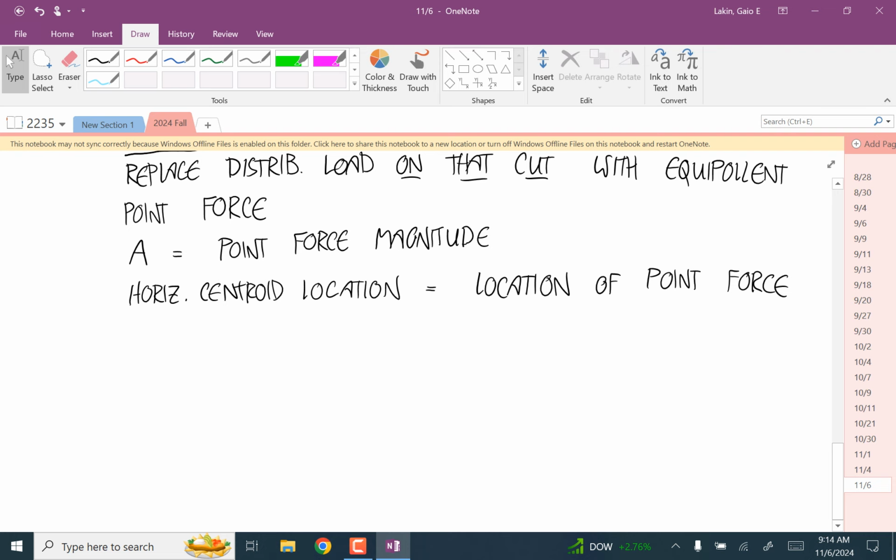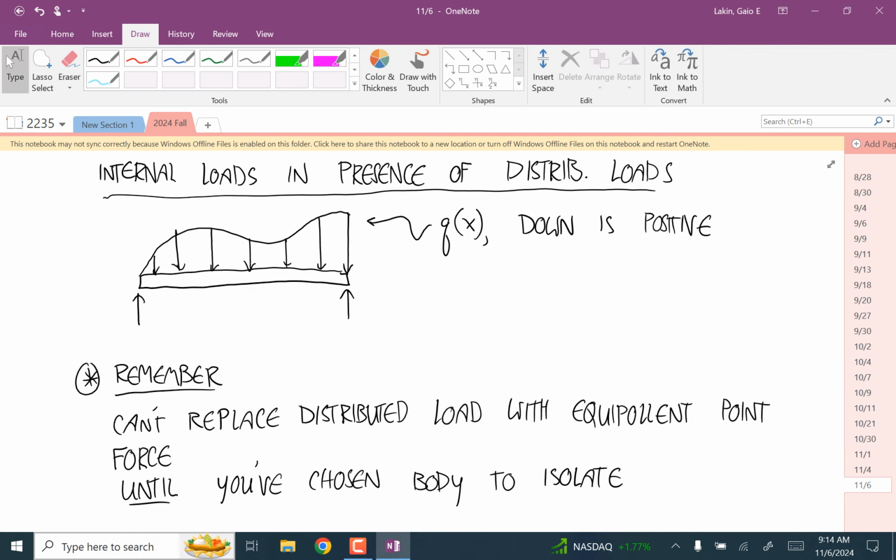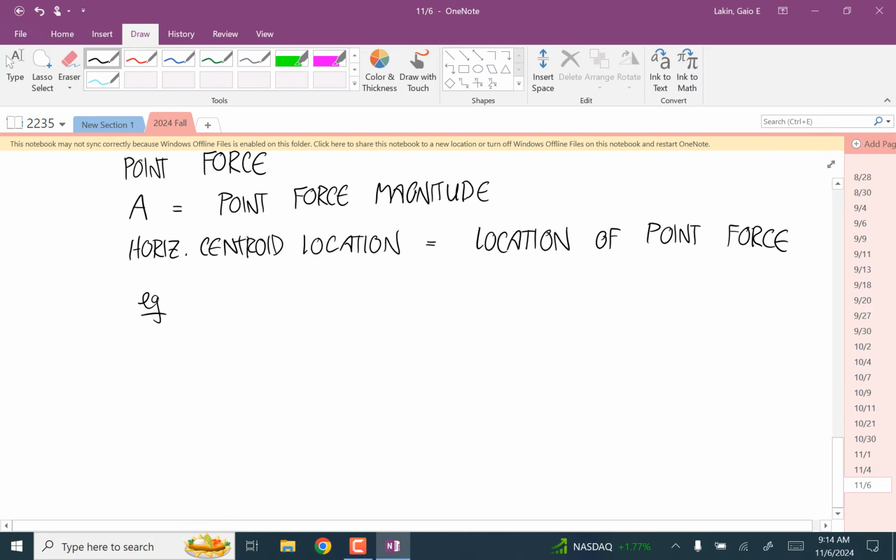So in this example above, we'll do a cut. It won't cover the whole beam, and it'll go like this.